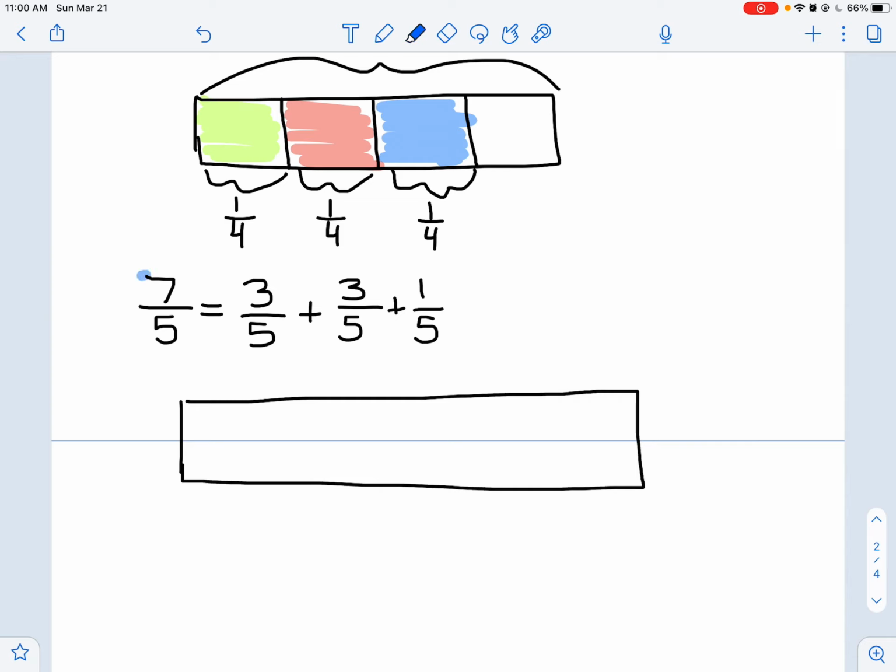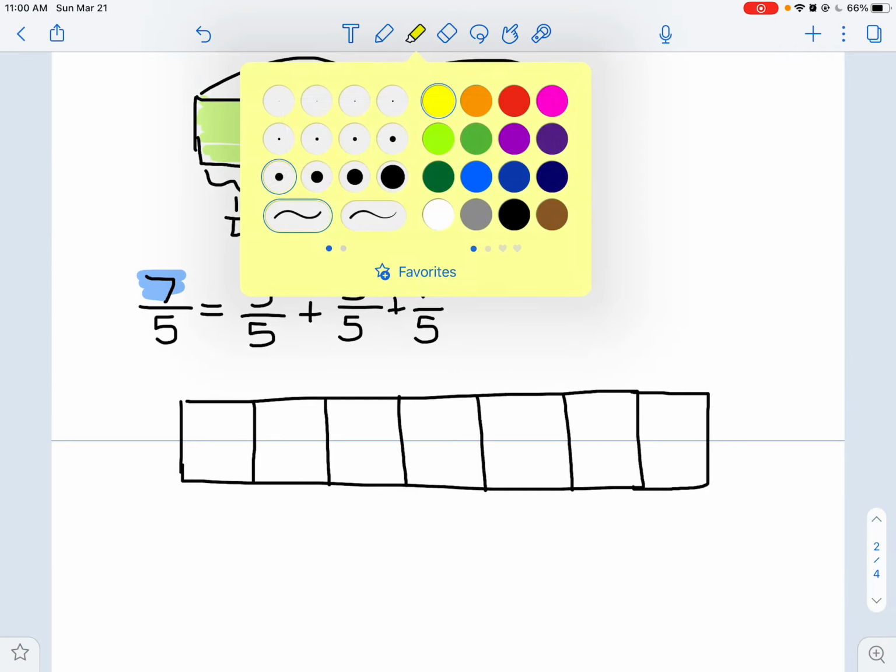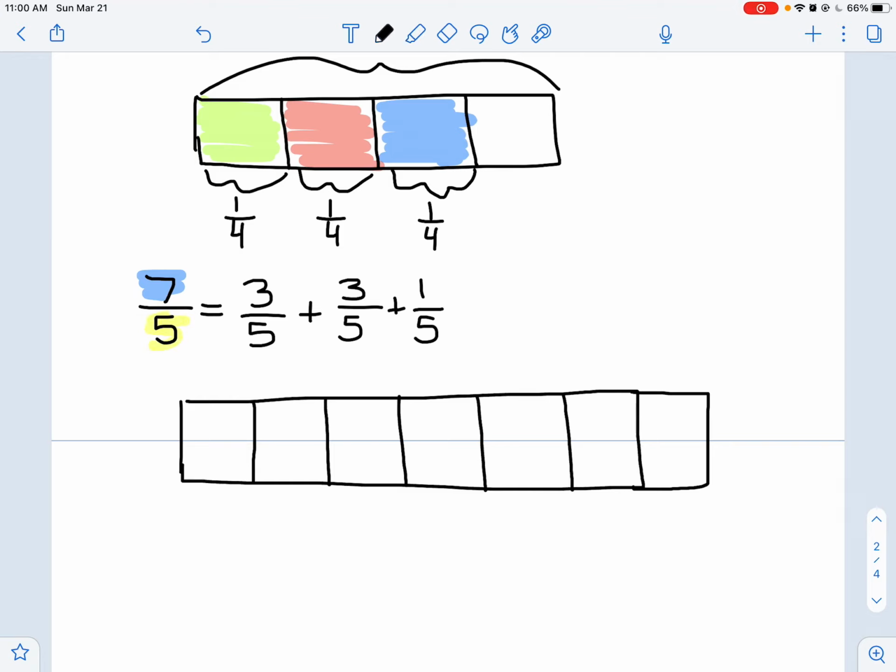How many parts do we have here? 7. So we're actually going to make 7 parts. 1, 2, 3, 4, 5. I'm going to add another one on because I didn't do it very equal. 7. But since we're talking about fifths, I'm going to show that only 5 of them makes my whole. 1, 2, 3, 4, 5.